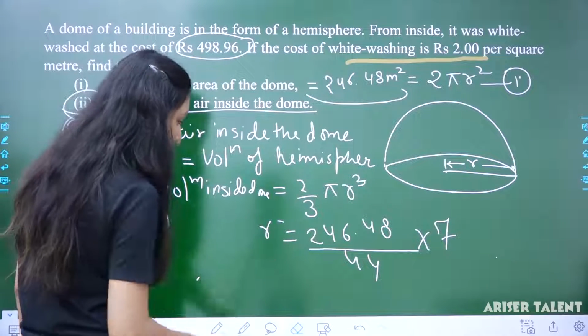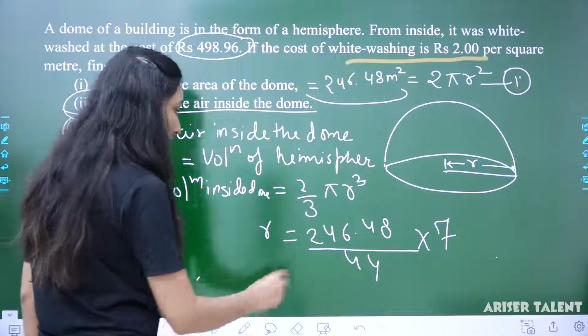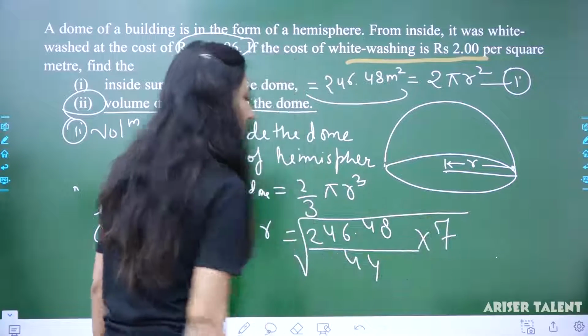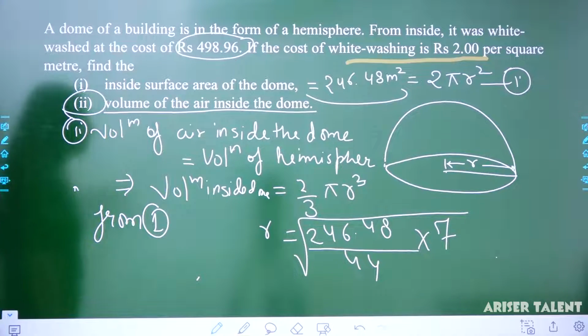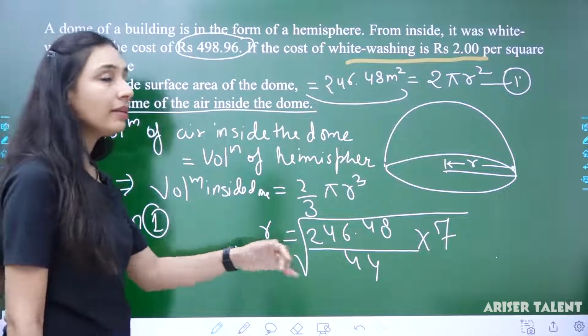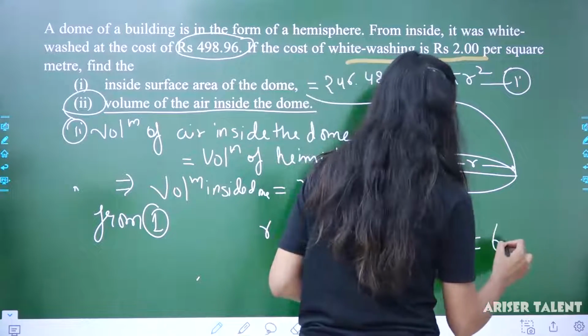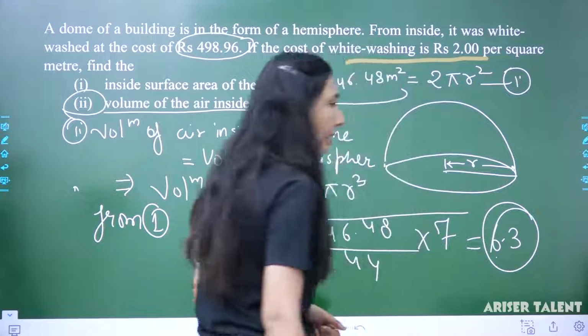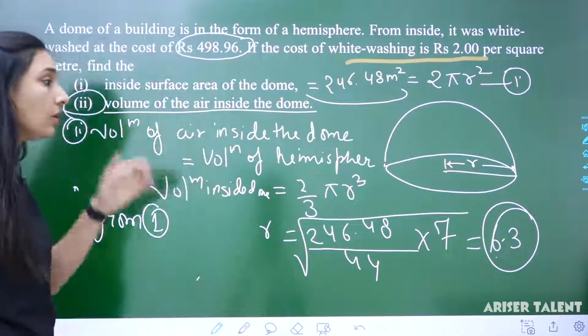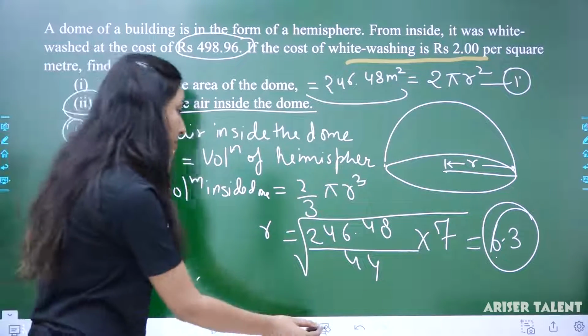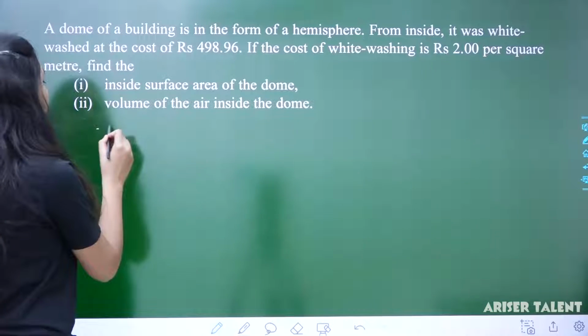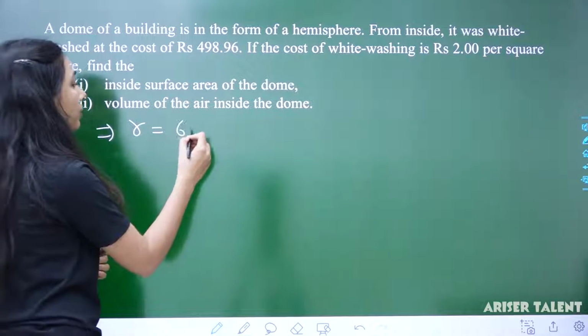That means r will be equal to the root of it. Understood? So the value of r will be this. Now when you calculate it, the complete value will be 6.3. We are talking in meters, so r will be 6.3 meters.